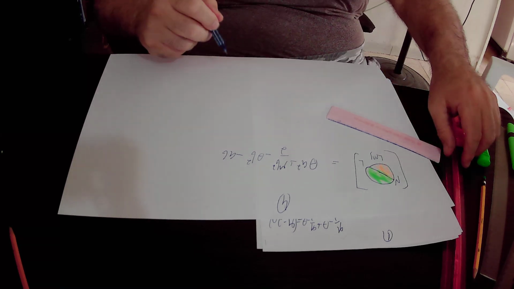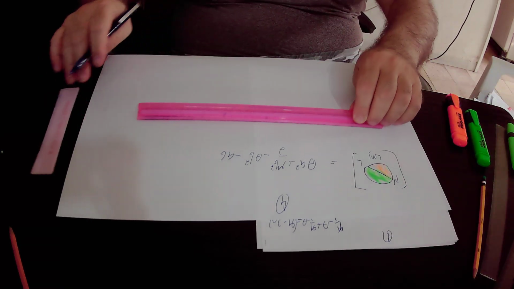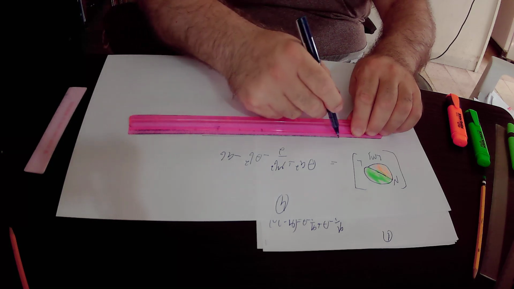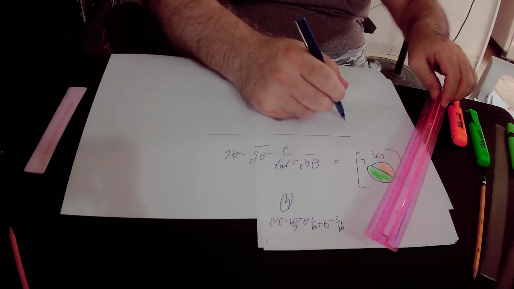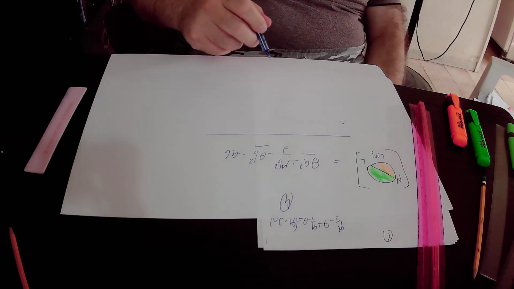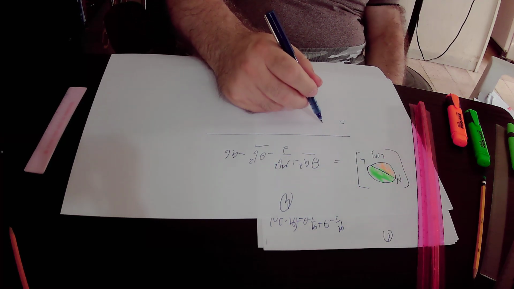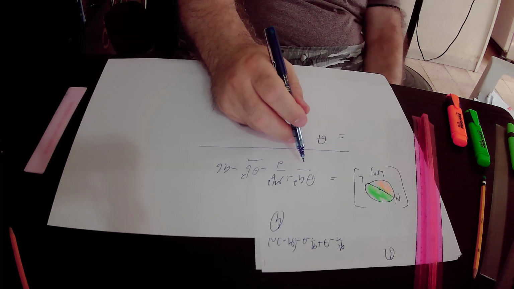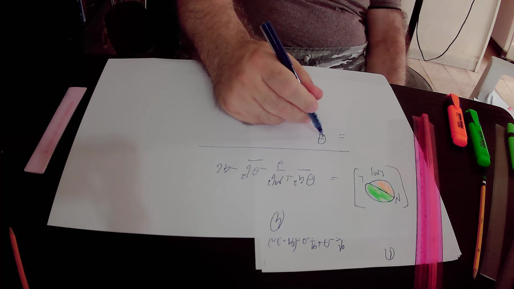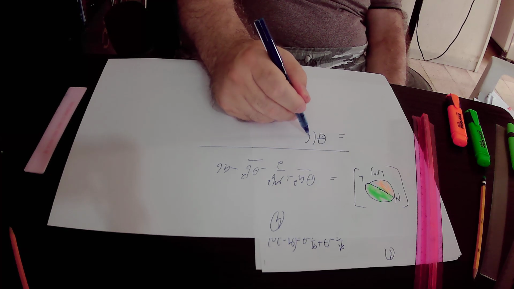So here we take theta as a common factor out of those two expressions. What is left from the first expression after we took theta as a common factor is actually A squared.